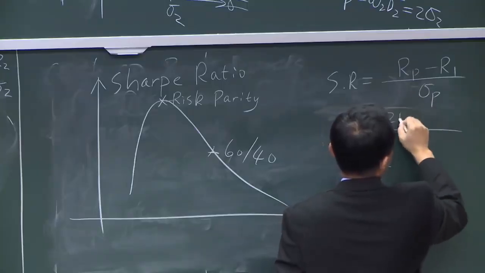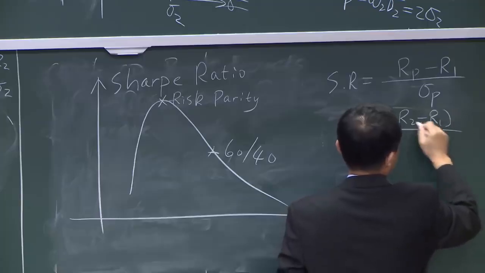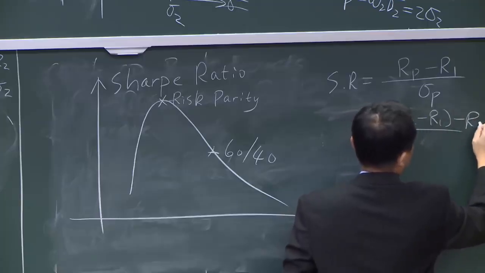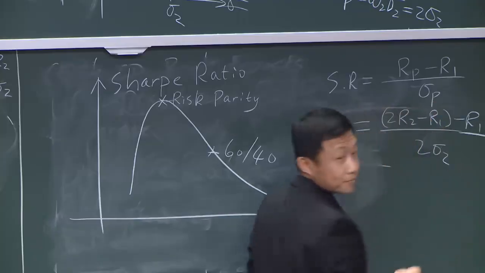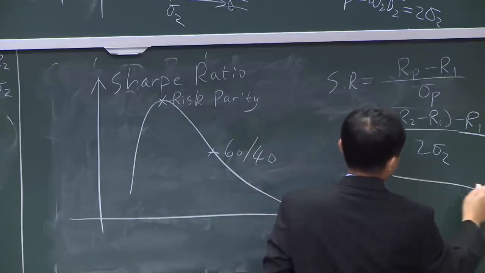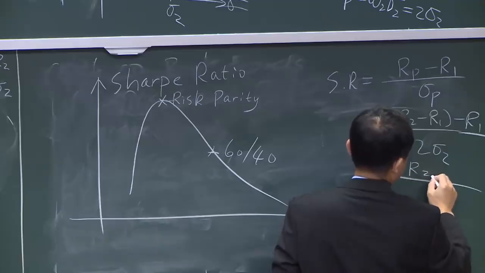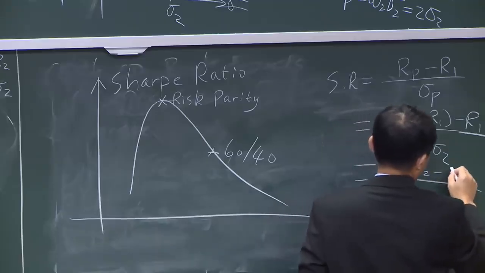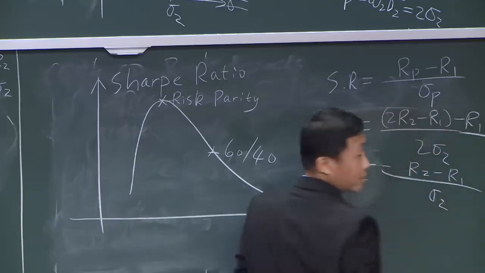So R_P, what is sigma p? It's 2 sigma 2, right? When you leverage up. So this equals R2 minus R1 divided by sigma 2.